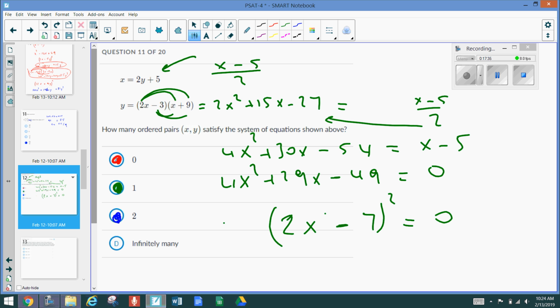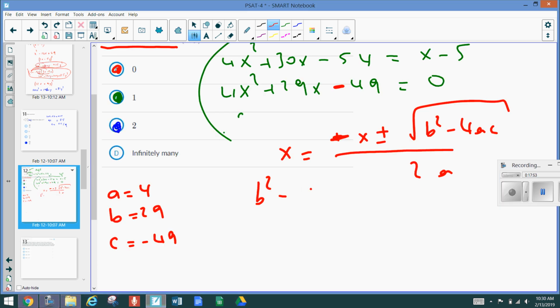So from here, how many solutions are we going to have? 2x minus 7 is equal to 0. Right? So x is equal to 7 over 2. The discriminant is, let's say, almost 800, 900.